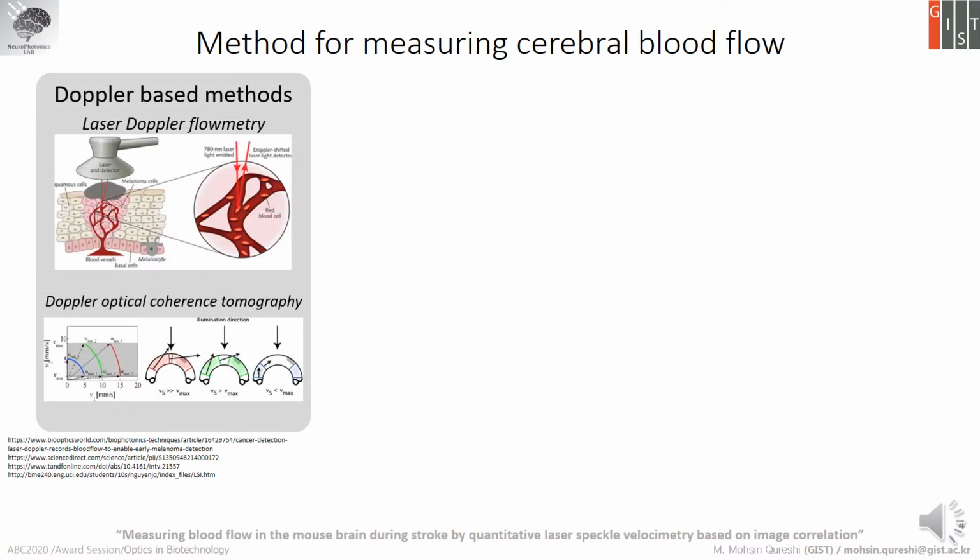In the field of biomedical imaging, scientists and researchers focused on measuring and monitoring tools for spatiotemporal measurement of cerebral blood flow. Therefore, methods for measuring cerebral blood flow are divided into 3 categories. The first category is Doppler-based methods, for example laser Doppler flowmetry and Doppler optical coherence tomography.